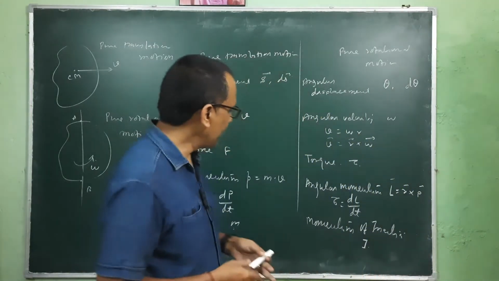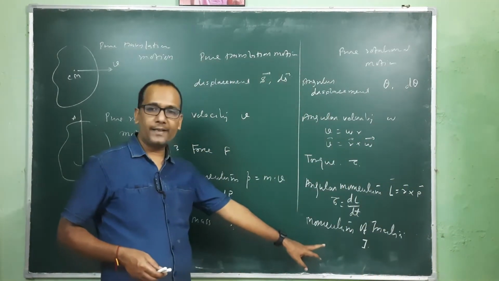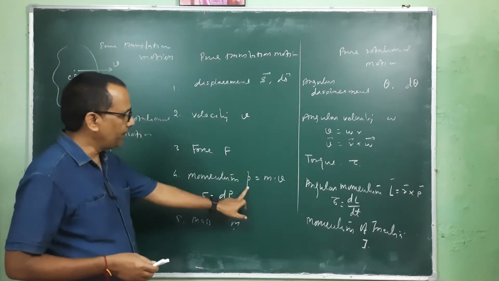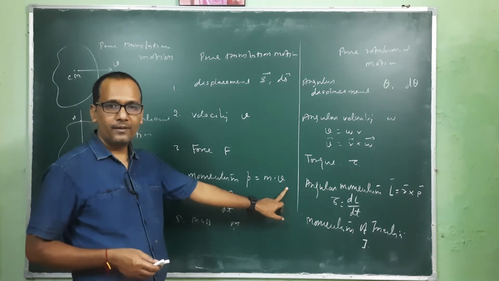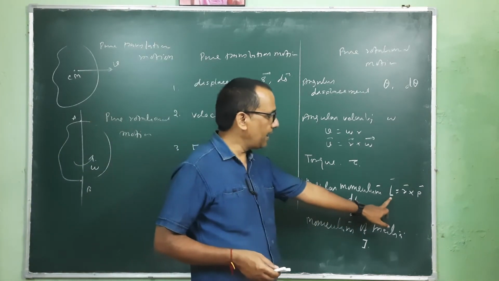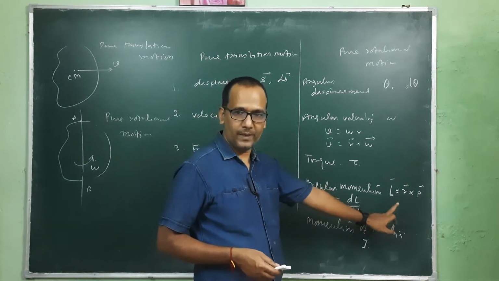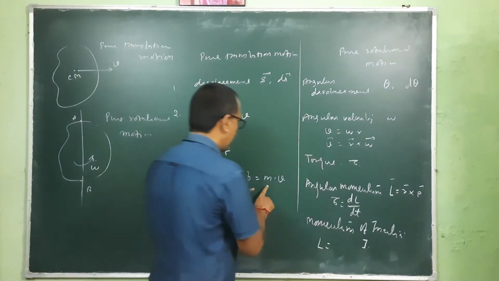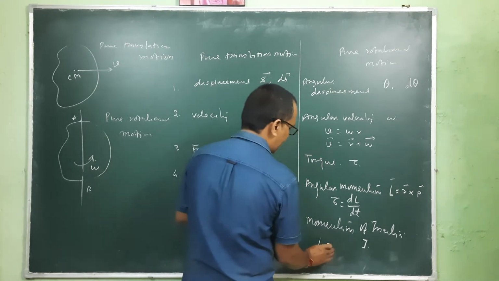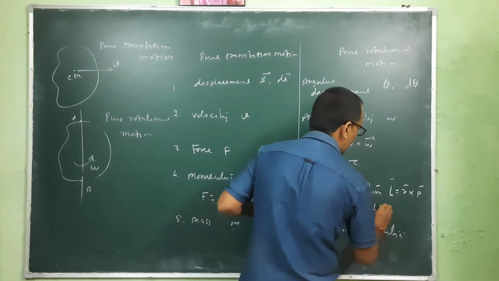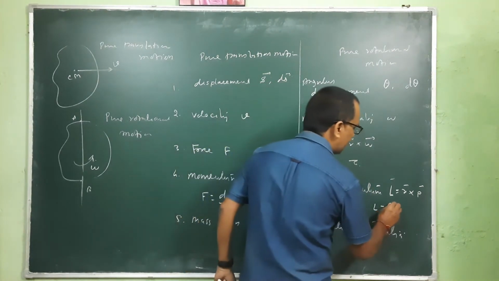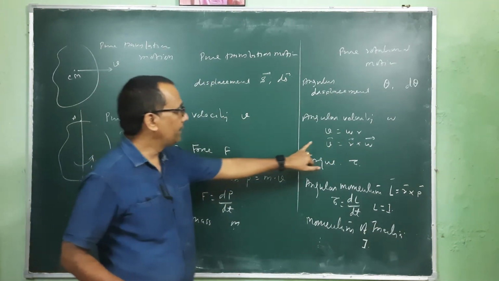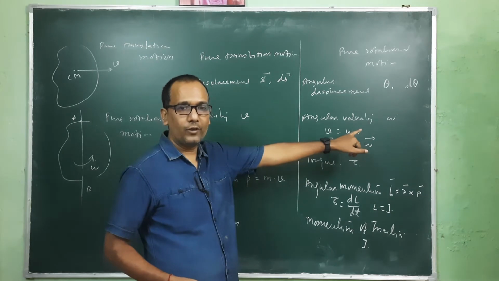Okay, so how can we say this moment of inertia I is analogous to mass of translation motion? Here momentum P is equal to mass multiplied by v. Here angular momentum L is equal to r cross P, and L can also be written as, in place of mass, one can write I, and in place of v, here it is omega in rotational motion.